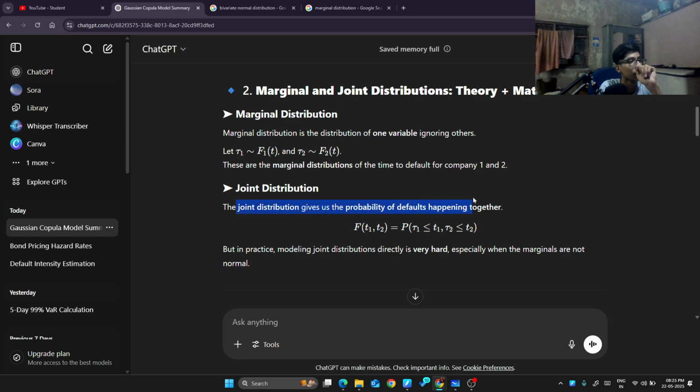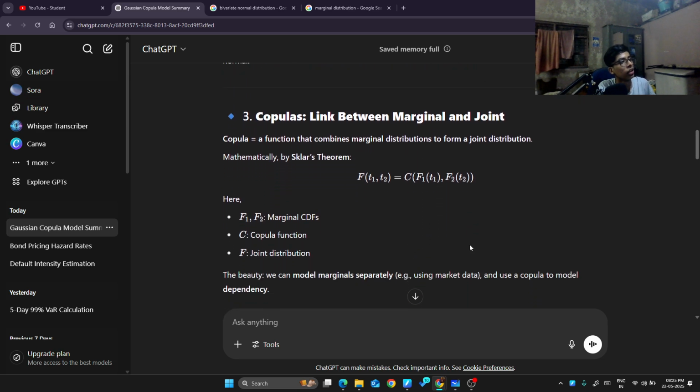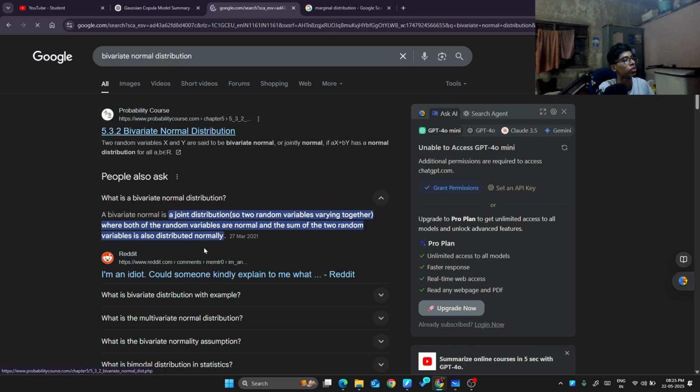And here the joint distribution gives the probability that T1 is greater than or equal to tau, and T2 is greater than or equal to tau. Okay, the copula brings the marginals into a joint distribution.